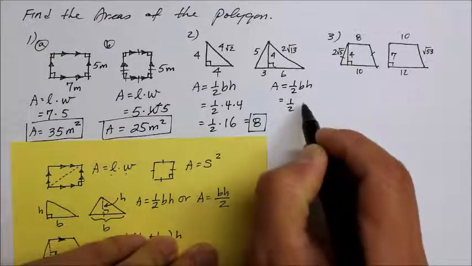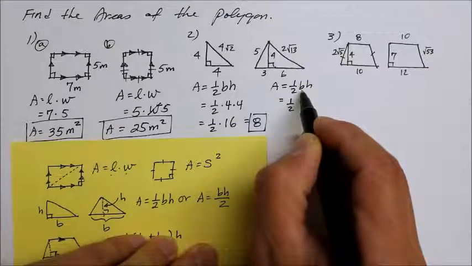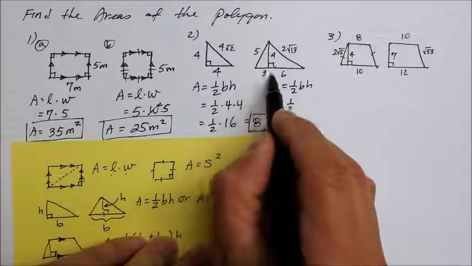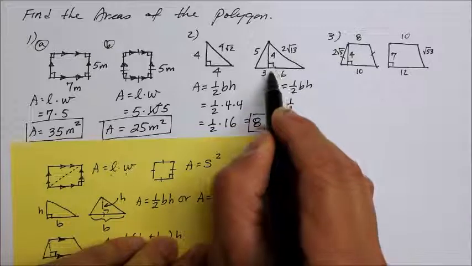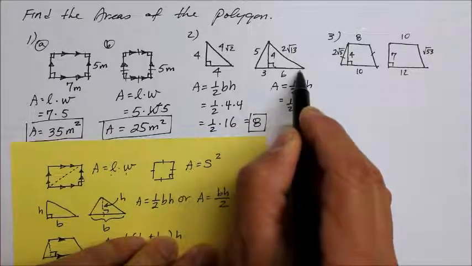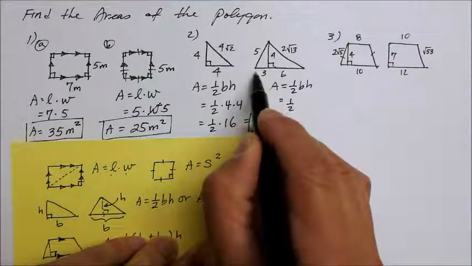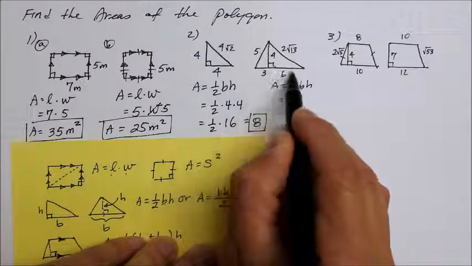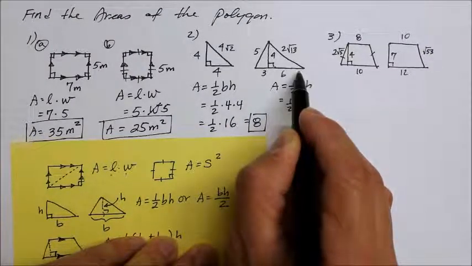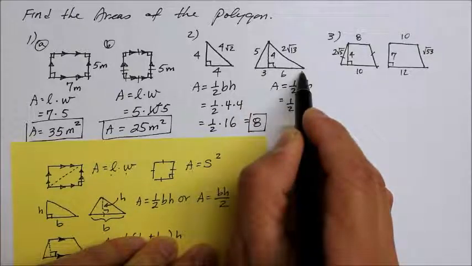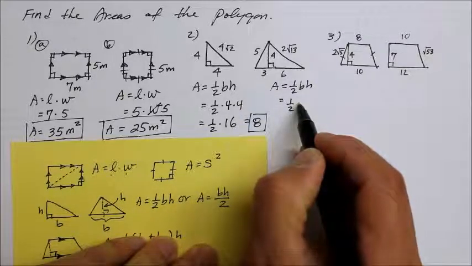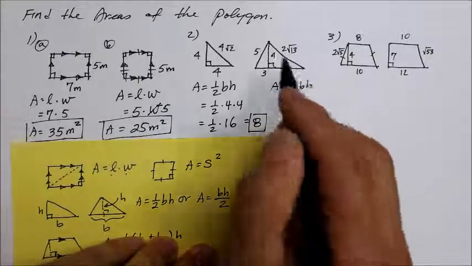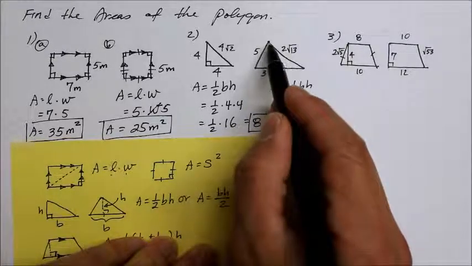So here's the 1/2. Where's the base? In this case, it is both of these combined, the entire base, not just the 3, it's 3 and the 6. So the total base length from one end to the other is going to be 9 times the height, which is not this.